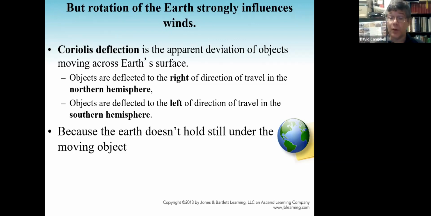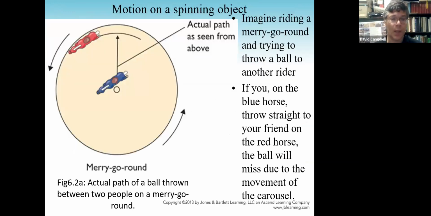Basically, the problem is the Earth is not holding still as the object is moving over it. Earth is so big, we don't feel the spin from it, but we can appreciate this sort of thing, say, with a merry-go-round or other smaller rotating object.